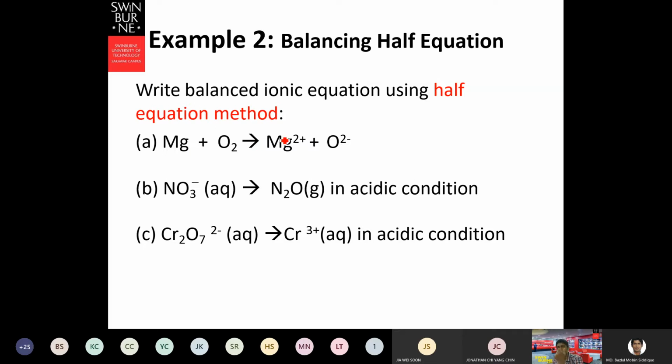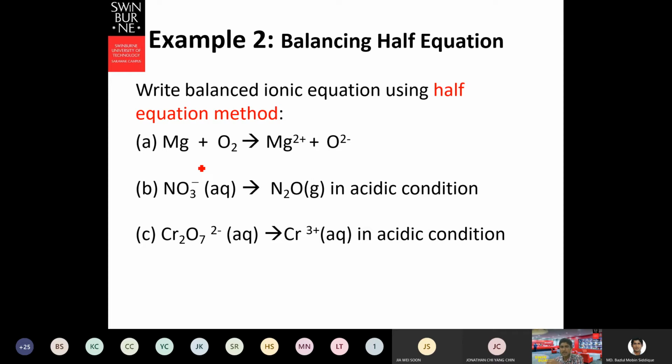There are some rules for balancing the equation. We balance all the species or elements except hydrogen and oxygen at the beginning. Hydrogen and oxygen we will take care of later on.